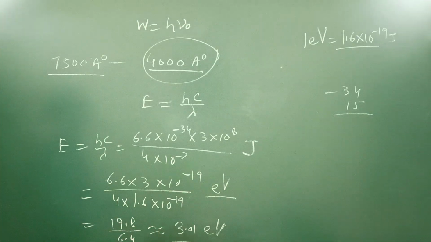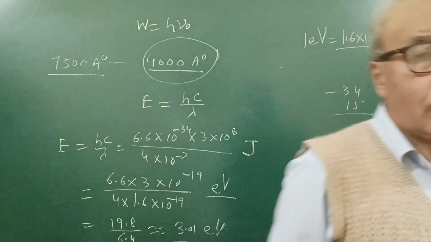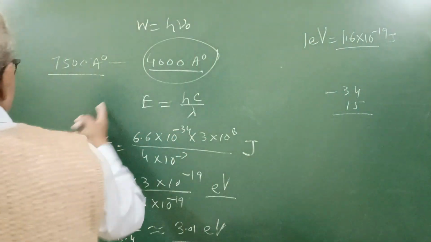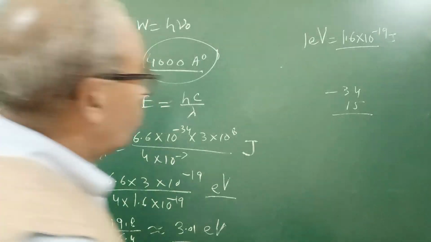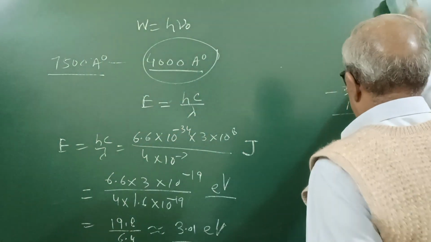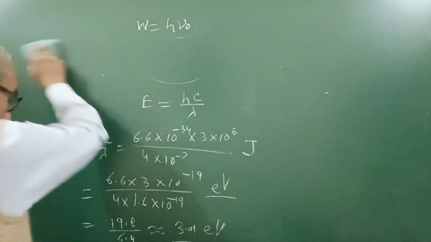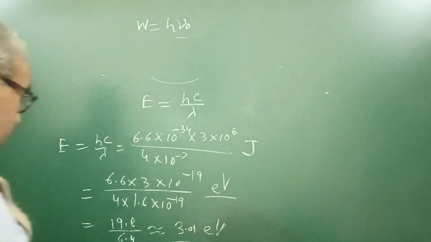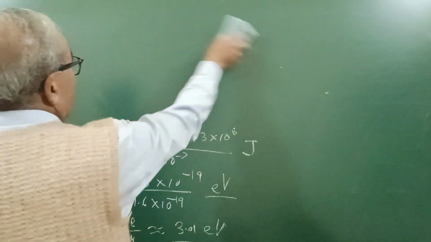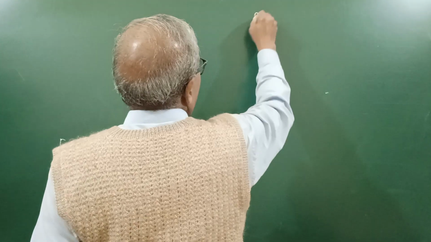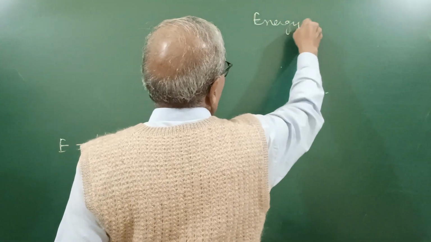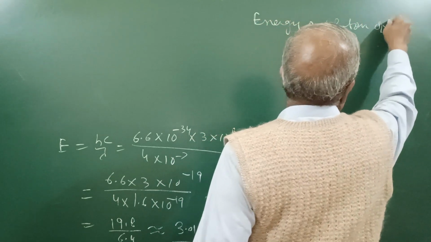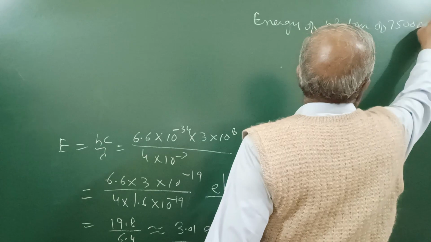It is the maximum energy of a visible light photon. Now the energy of a photon of 7,500 angstrom.